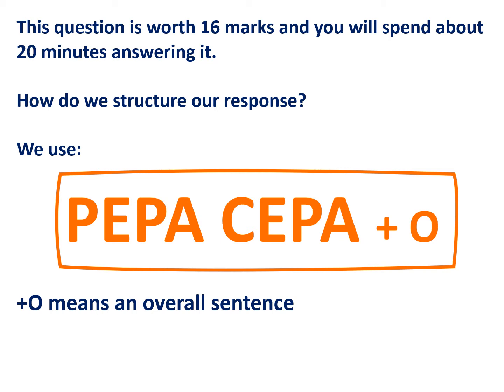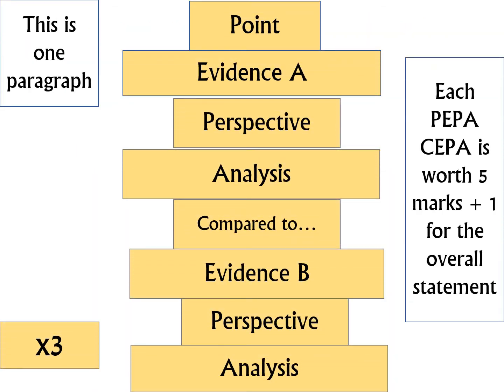So let's break PEPPA down a little bit more. It stands for Point, Evidence A, Perspective, Analysis, compared to Evidence B, Perspective, Analysis. PEPPA is 1 paragraph and you will write 3 of them in your answer.